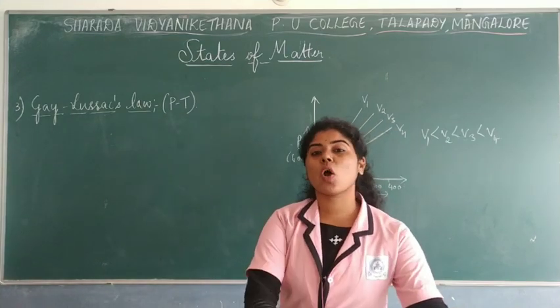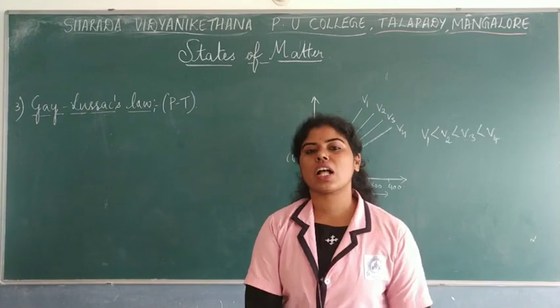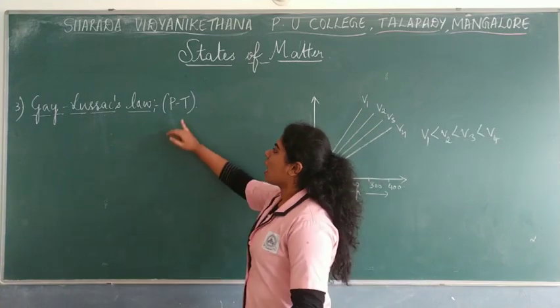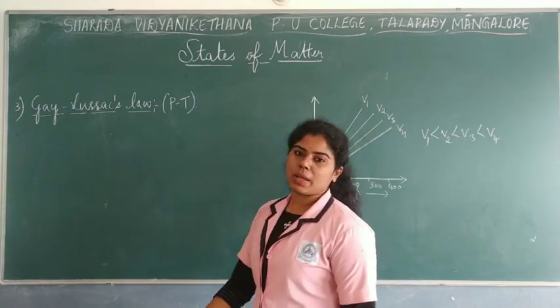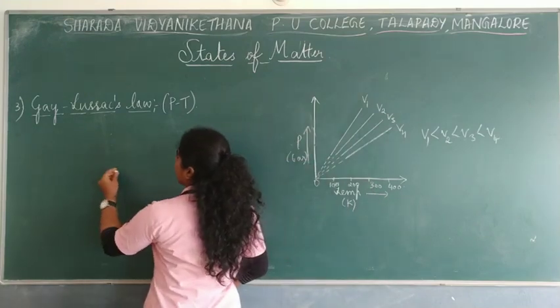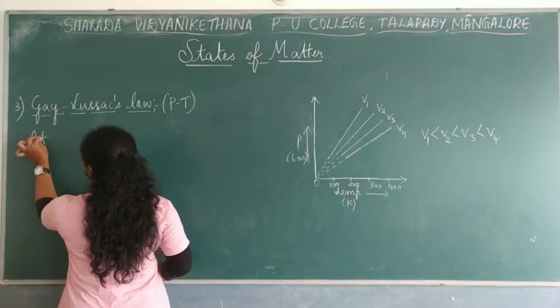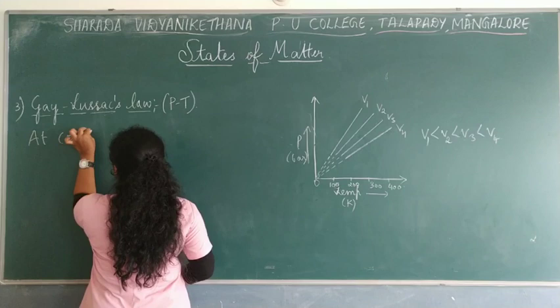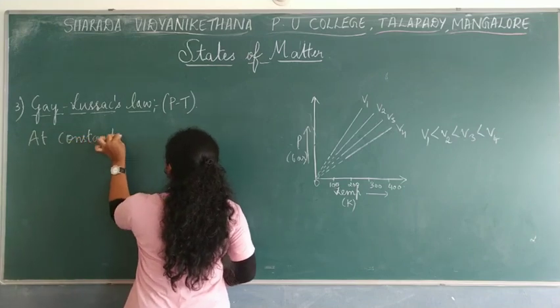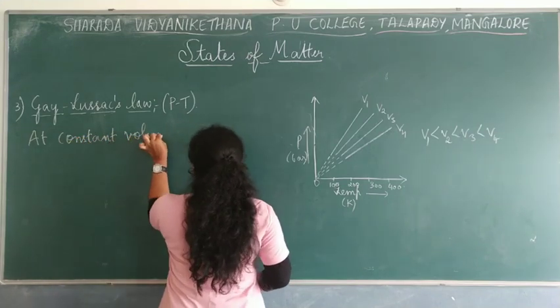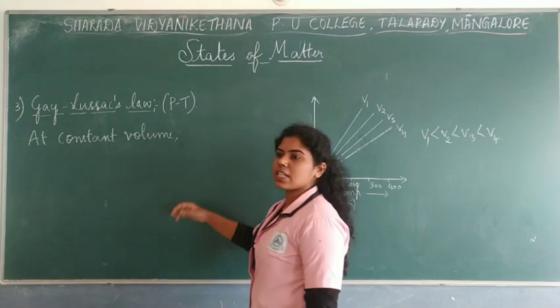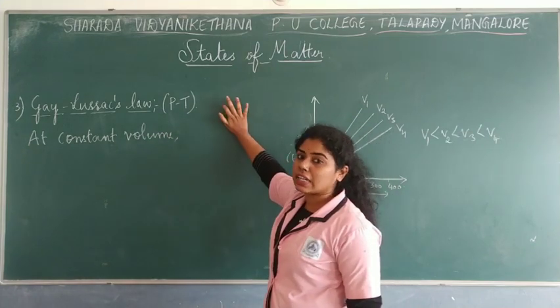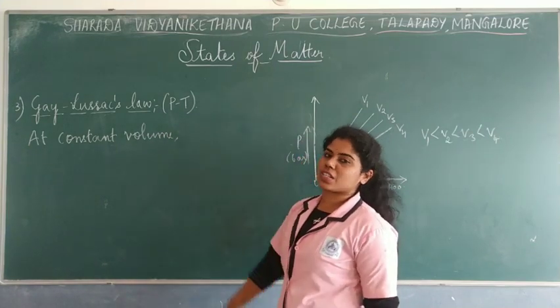So this is obtained from both of the laws, Charles' law as well as Boyle's law, and we get this pressure-temperature relationship. So what is kept constant over here? Constant volume. At constant volume, the pressure varies directly with the temperature for a fixed mass of a gas.